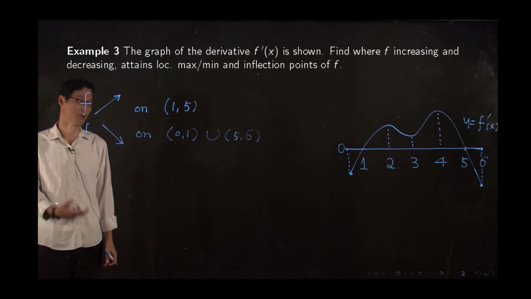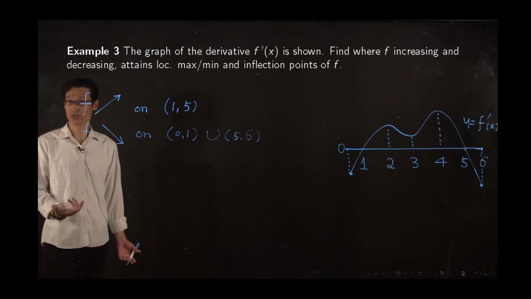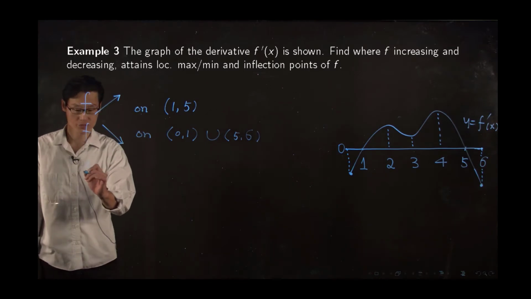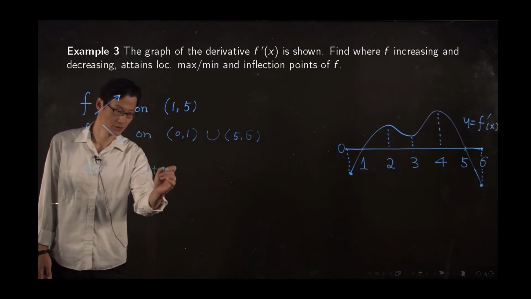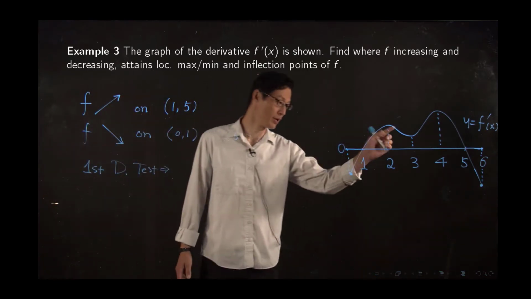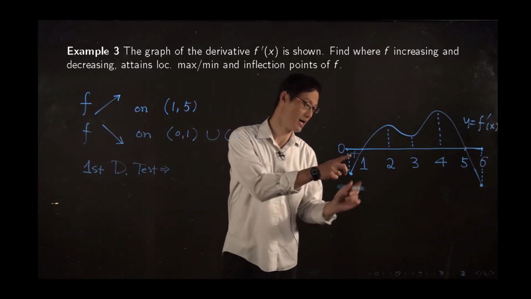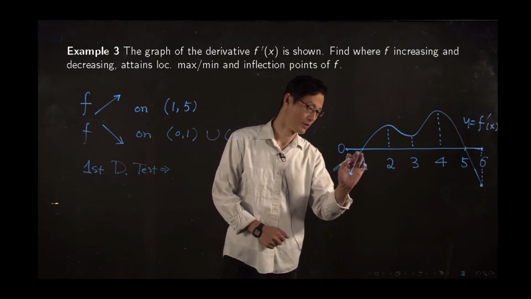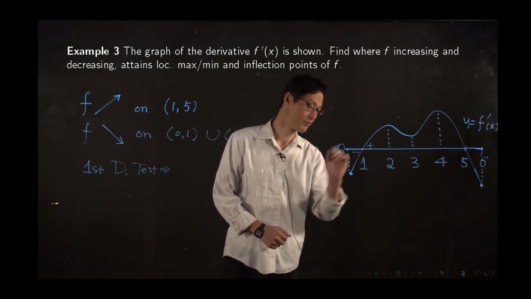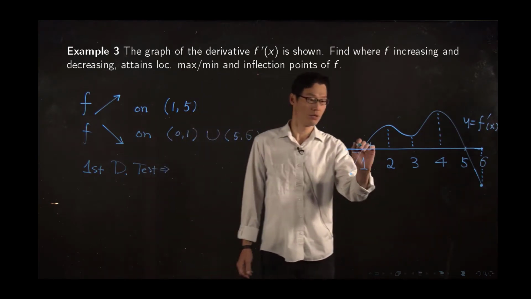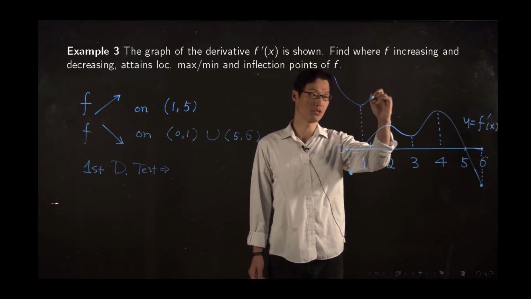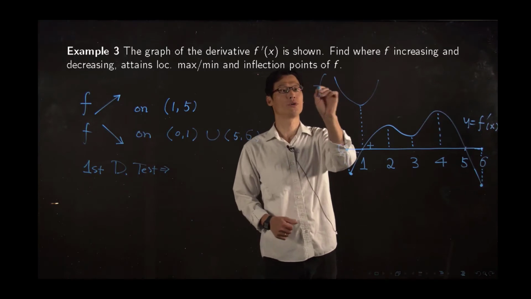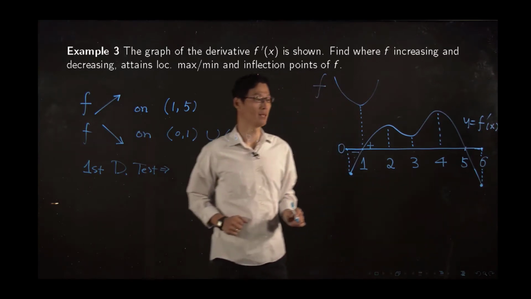Local maximum and minimum. Well, let us use the first derivative test. Whenever f prime changes sign from negative to positive, the original function must be decreasing and then increasing. So our f must have a local minimum.